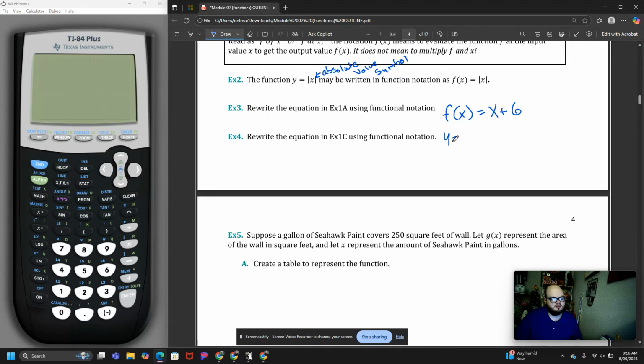And for the other one, we had y equal to t squared, because we were using t that time instead of x. So we would rewrite that as f of t is equal to t squared. So these variables match. If it's an x, it's an x. If it's a t inside of those parentheses.